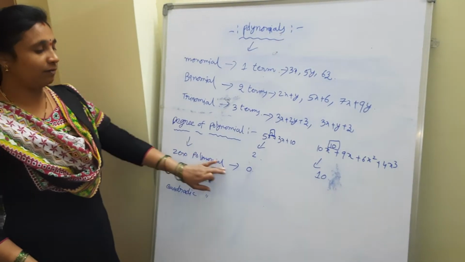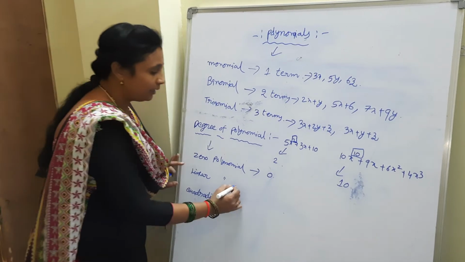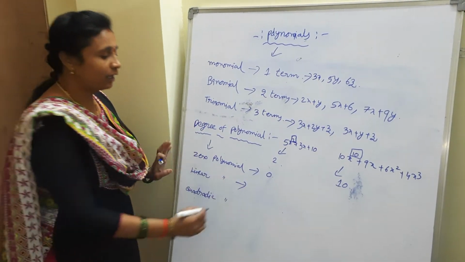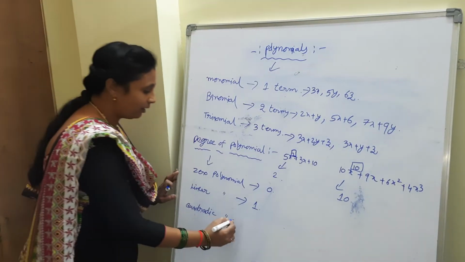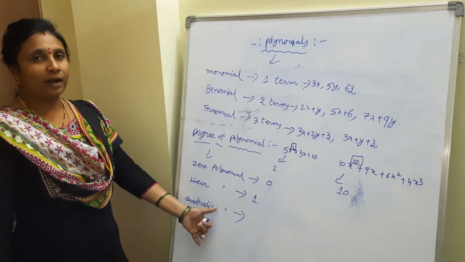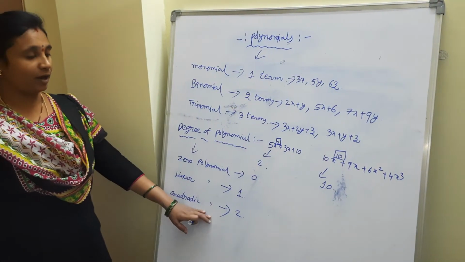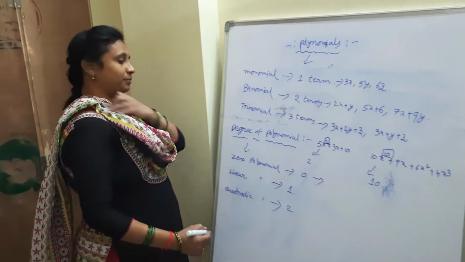A linear polynomial is a polynomial which has degree 1. Next, a quadratic polynomial is a polynomial which contains the degree 2.